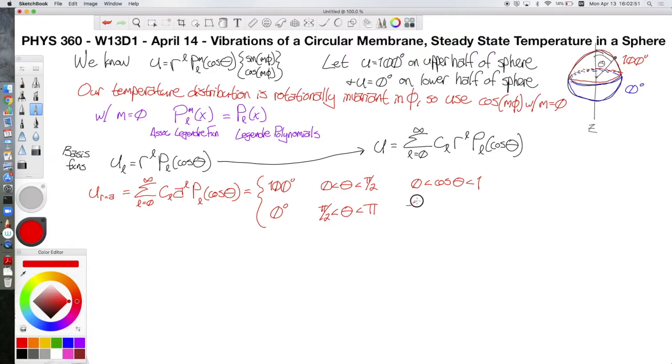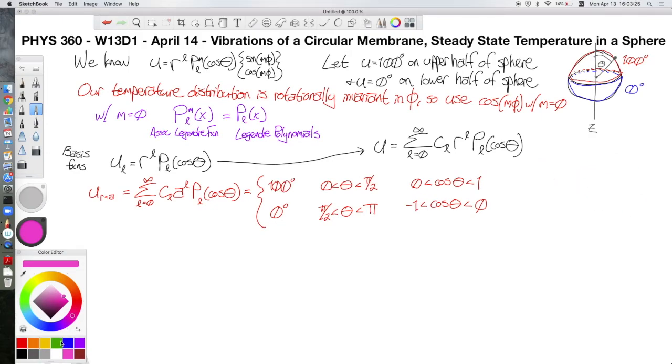And the cosine of theta between negative 1 and 0 means we're in the bottom half of the sphere. And this will help us because if we think back to our PL of x functions, we now have this defined in terms of x being greater than or less than some quantity, where our x is just replaced by cosine theta now.